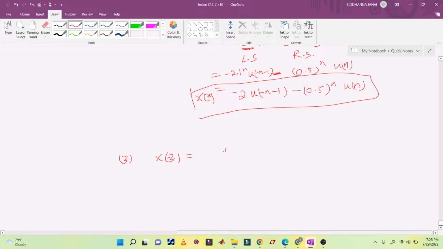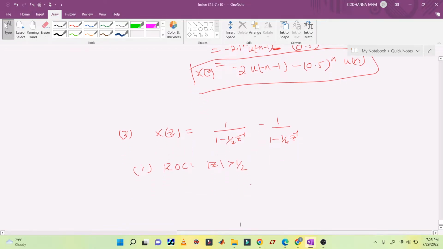In this, what we get is 1 divided by 1 minus 2 z inverse, minus 1 divided by 1 minus 1 by 4 z inverse. Okay, now we have to apply case 1. What is the ROC for case 1? Magnitude of z is greater than 1 by 2.